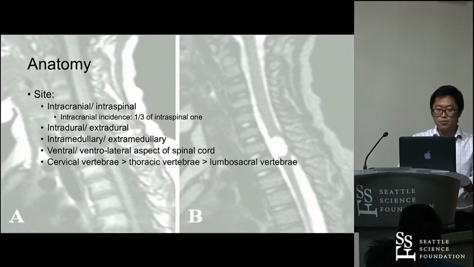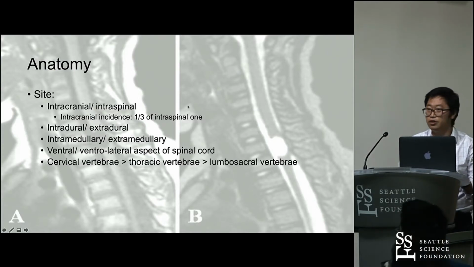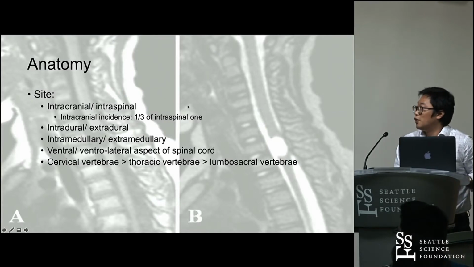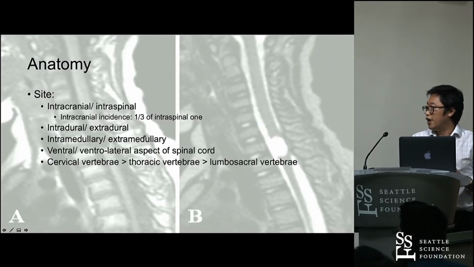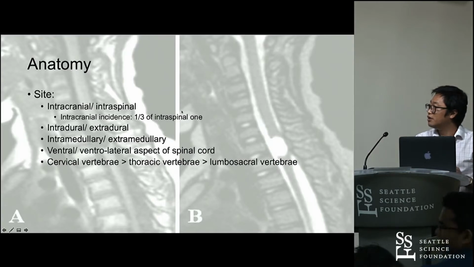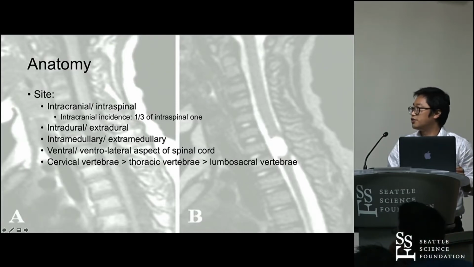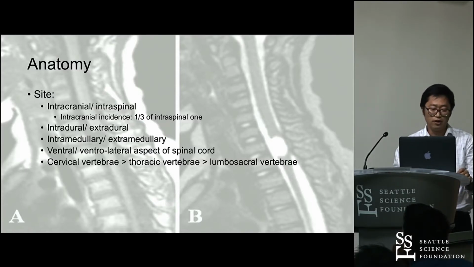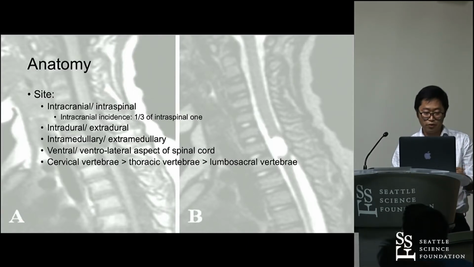In terms of the anatomy, where do we find those cystic growths? Depending on the area of growth, we can classify it as intracranial or intraspinal. Intracranial is more rare than intraspinal. Intradural or extradural, depending on the location in relation to the dura; intramedullary or extramedullary, if it grows inside the CNS itself or outside. The ventral or ventrolateral aspect of the spinal cord is the predilection site of this benign growth.